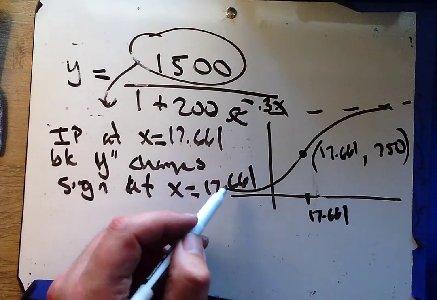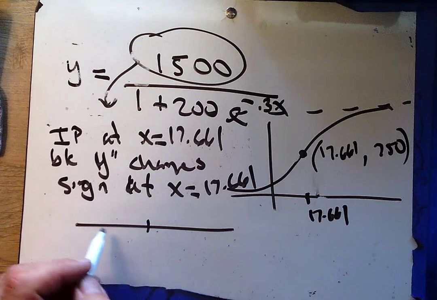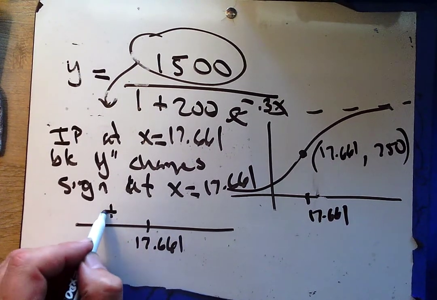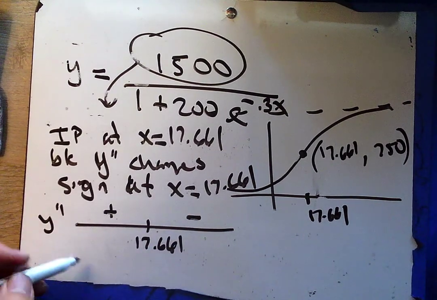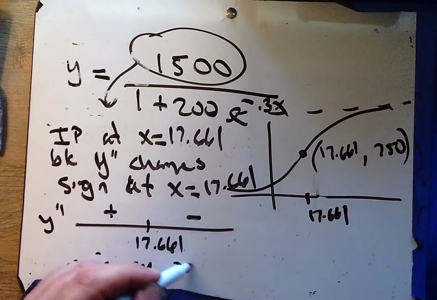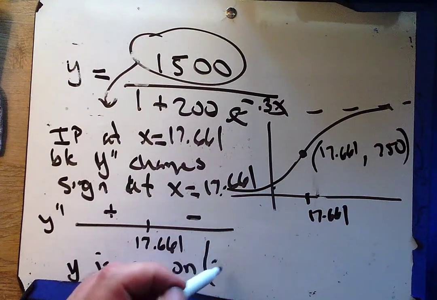And what else do I know? Well, I know that on my y double prime graph, we had positive values here and negative values here. Because of that, I know that y is concave up on, well, sometimes we start at 0 and sometimes we start at negative infinity.